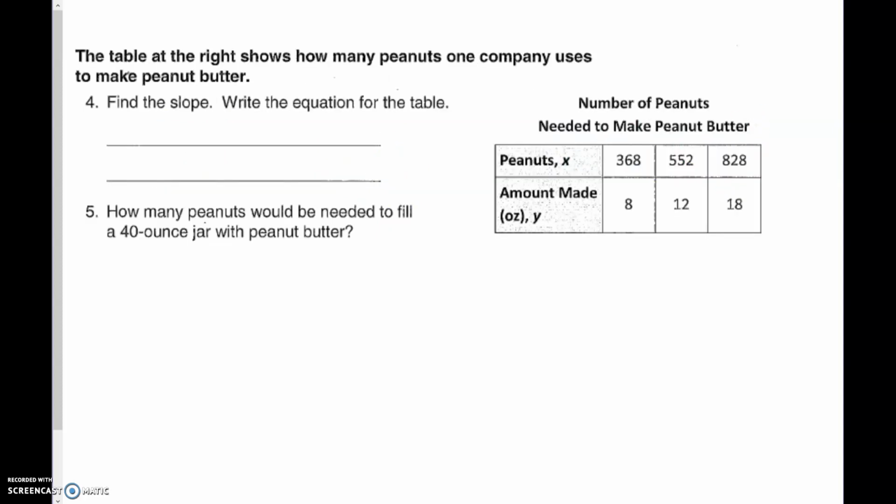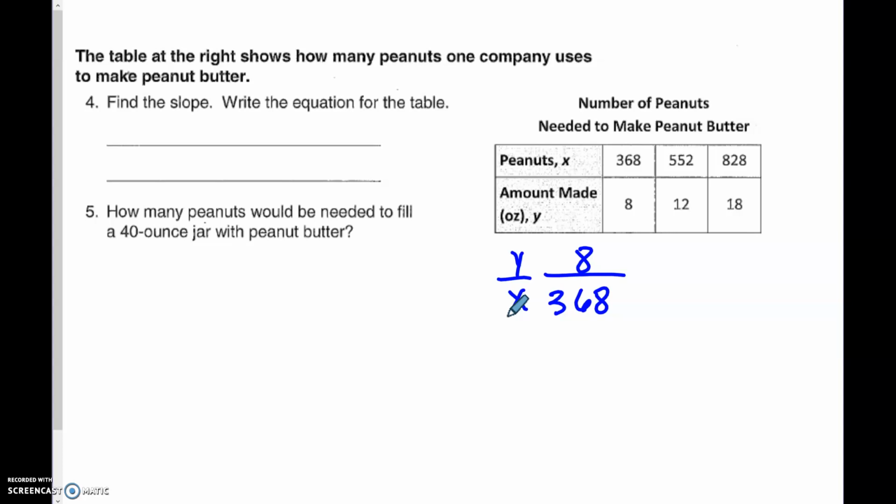Number 4, looking at this table, find the slope. So remember, slope is going to be y over x, and then they want us to write this equation. So y over x. So y is going to be 8 over x is 368. Now, you may have a calculator that will simplify that.